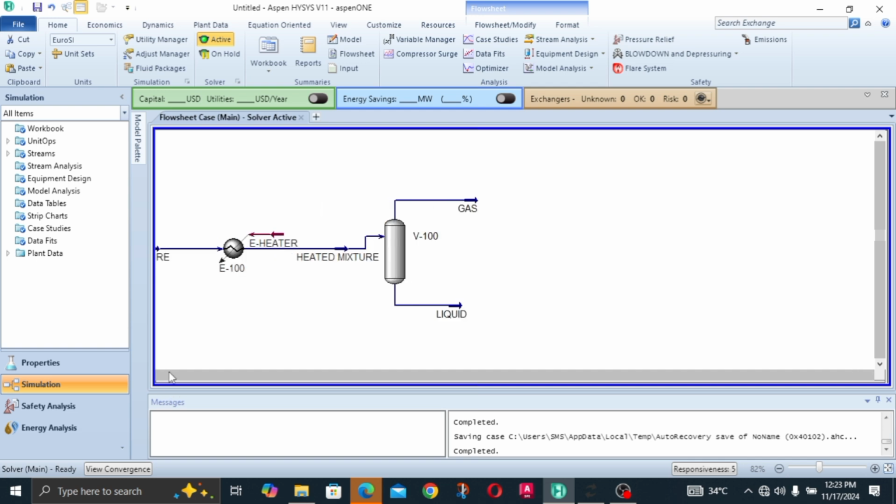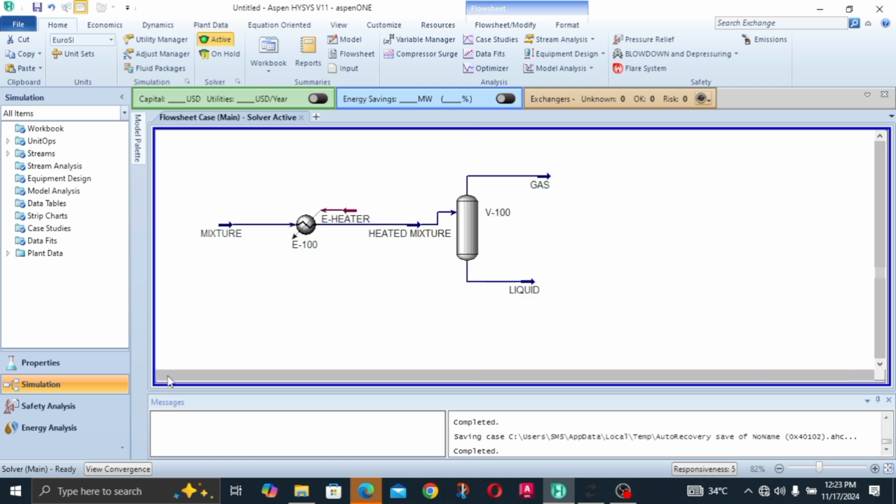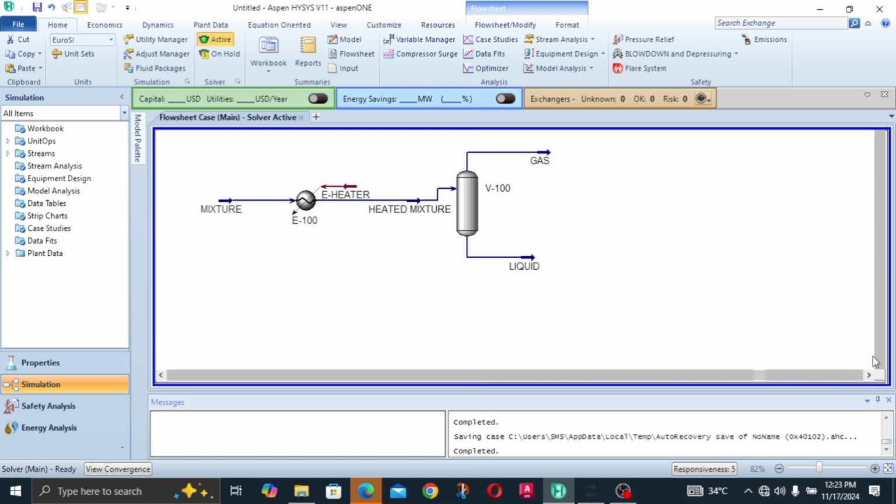But with this, we have carried out the separation using a vertical separator to separate the mixture. So let's turn things around this time. Let's just delete this.